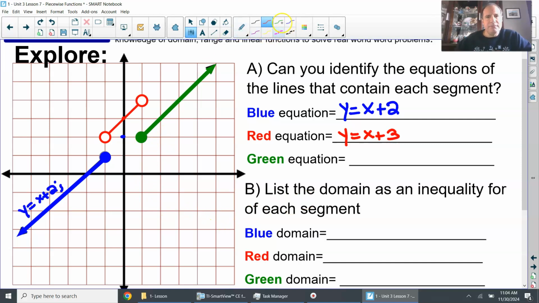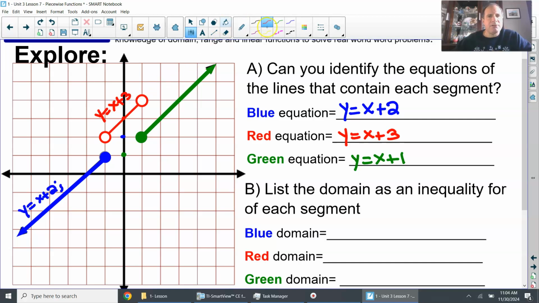Now the green, we're going to talk about, if it continued like rise of 1, run of 1, down 1, left 1, would be right there. So the y-intercept would be 1, and this also has a slope of 1. So we're going to just go ahead and put that on there, y equals x plus 1.